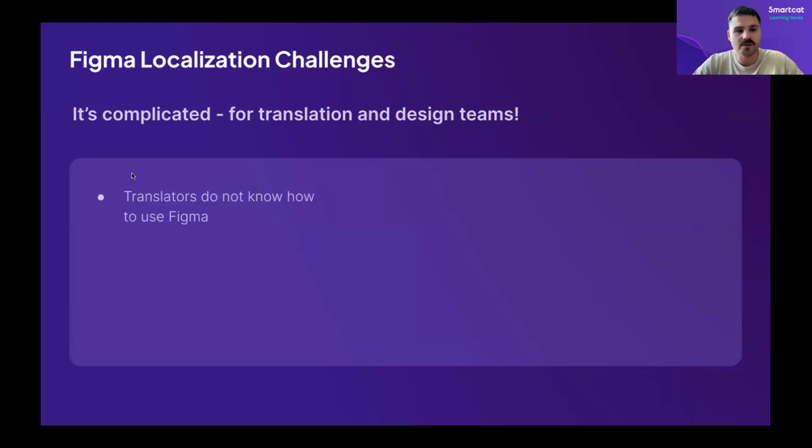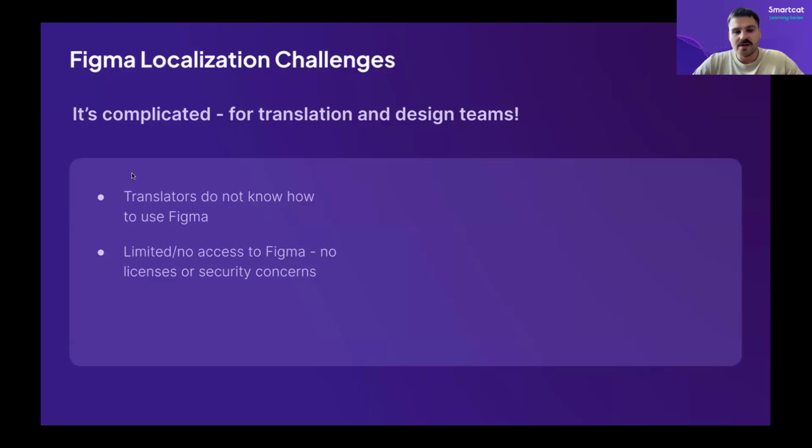The first one is we believe that translators actually don't know how to use Figma. So it's not always an option to allow them to get into Figma and edit anything there directly, because Figma layouts could be complicated, and it's a design instrument which is very complex, and not every translator knows how to use it. And there could also be some particular risks related to that.